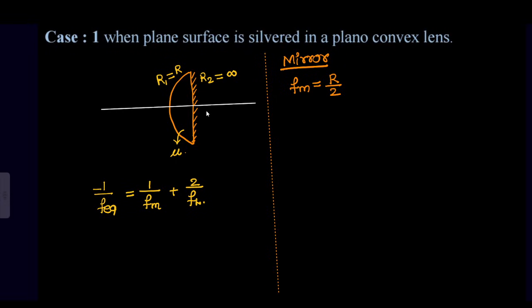The radius is infinity. That means how much is the focal length? Infinity by 2. So the mirror focal length is infinity.